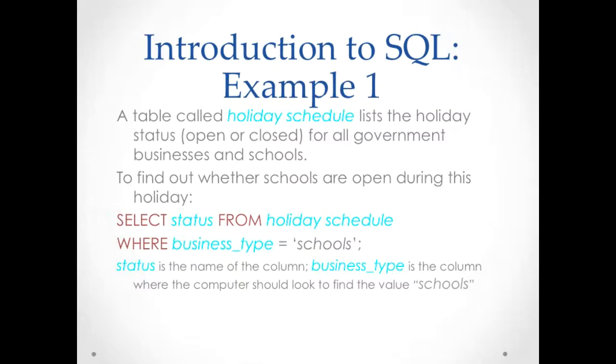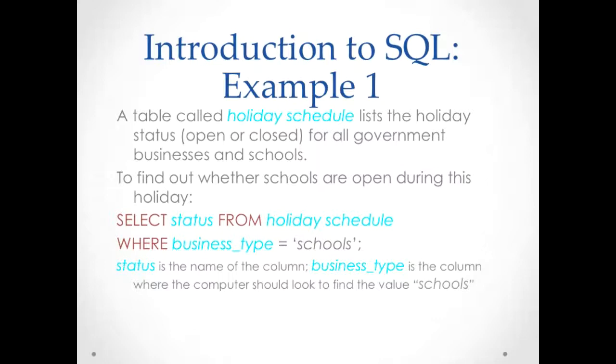Status would be that column. So we would select status from the table holiday schedule where business type equals school. So status in this case will be the name of a column in the table. Business type is the column where the computer should look to find schools in there.